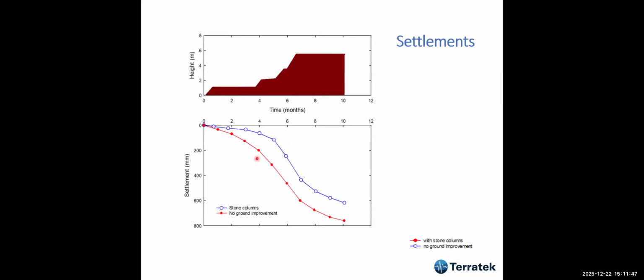And so we have these two embankments, and this shows the height of the embankment, the time, and the settlement. What happens is that the settlement with the stone column, which costs a lot of money, was just 20% less. Then the lessons came after a long discussion by the designer. I was very young. I was not involved in this discussion.